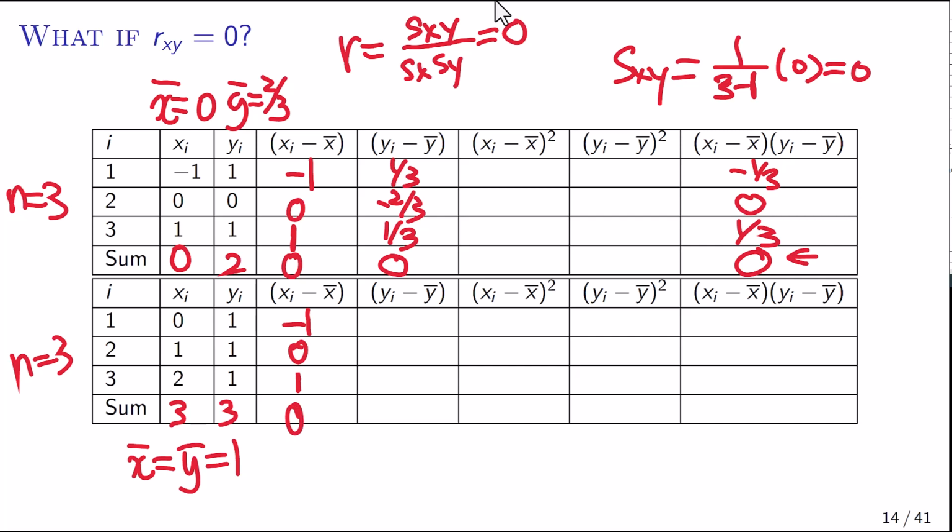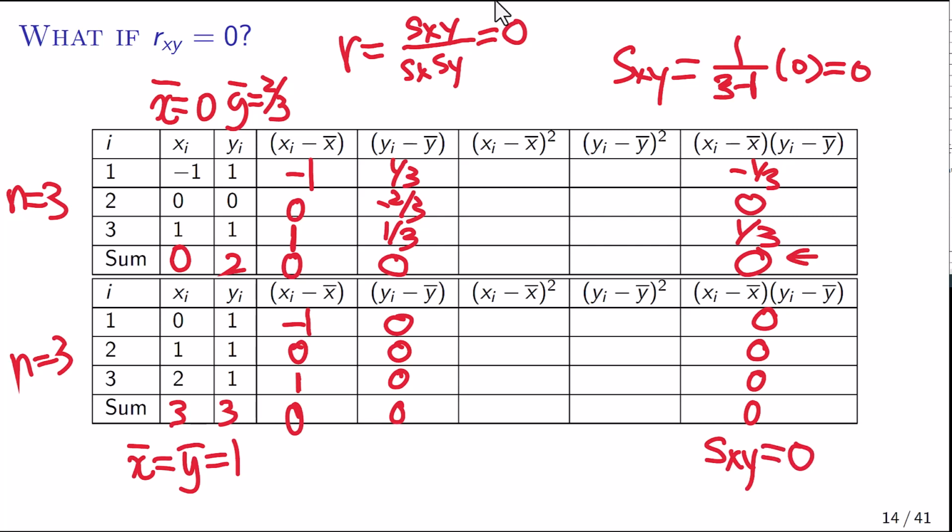For yi minus y bar, because the 3 y's are all 1, the mean of y is 1. So 1 minus 1 is 0, 0, 0, right? And since y minus y bar is always 0, when you multiply with xi minus x bar, it still ends up with 0, 0, 0, okay? So here, obviously, the sample covariance between x and y is 0.